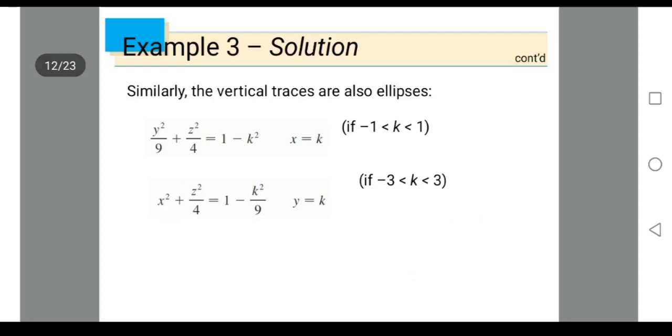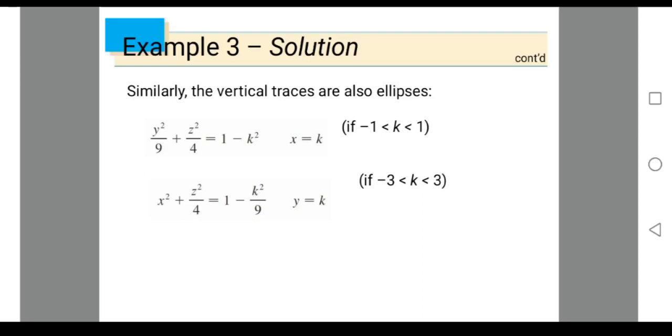in the next two steps, we can see similarly the vertical traces are also ellipses, right? y squared by 9 plus z squared by 4 is equal to 1, and then we apply 1 minus k squared.